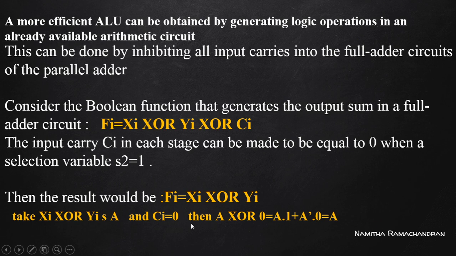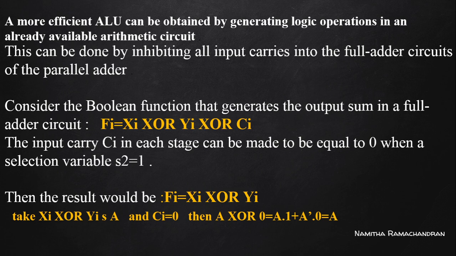In order to perform that, we need to understand the basics of our arithmetic circuit. We have already discussed the design of the arithmetic circuit. From that, it is clear that we used the parallel adder circuit for the implementation of the arithmetic circuit. That parallel adder is implemented with the help of n different full adder circuits.